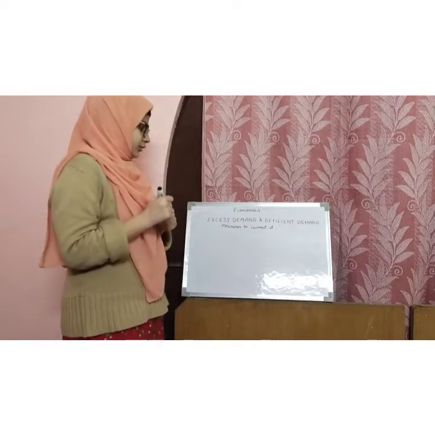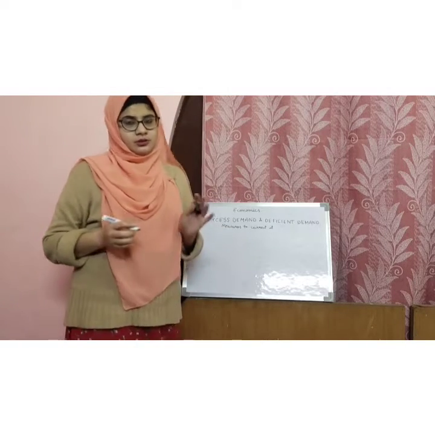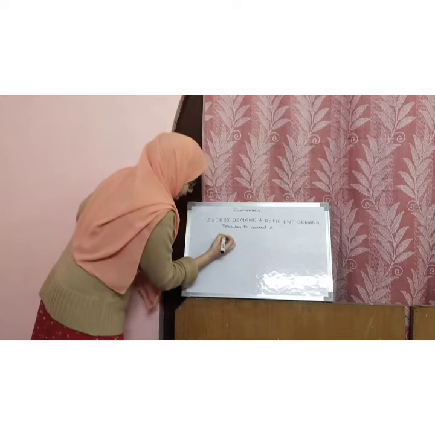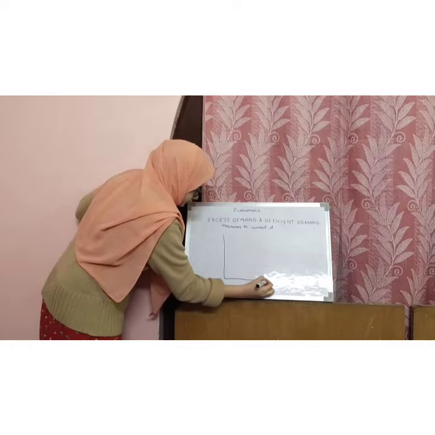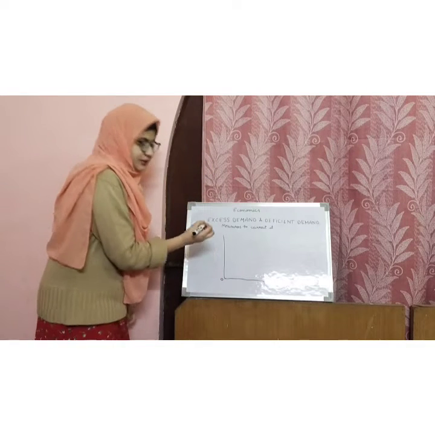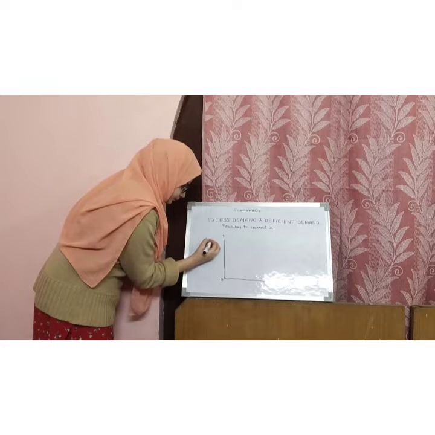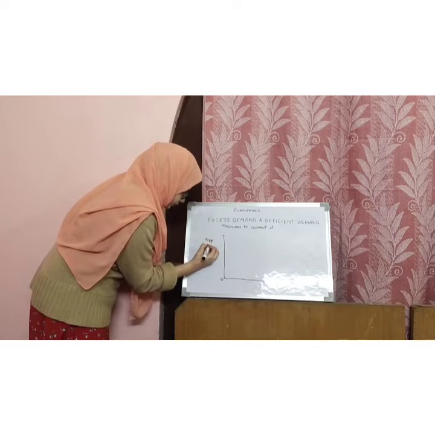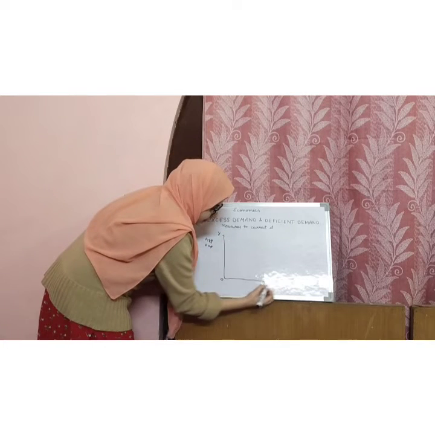Okay, now we will see this through the curve. So this is the point of origin. Here on the y-axis we have taken aggregate expenditure, and on the x-axis we have taken income.